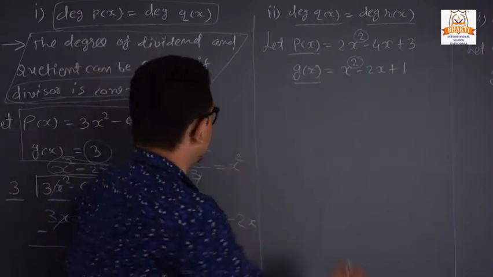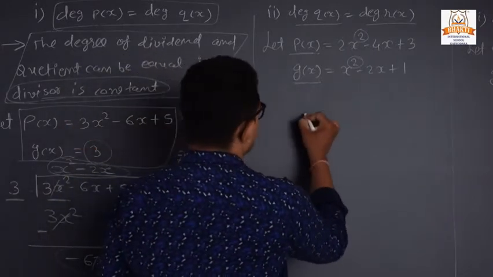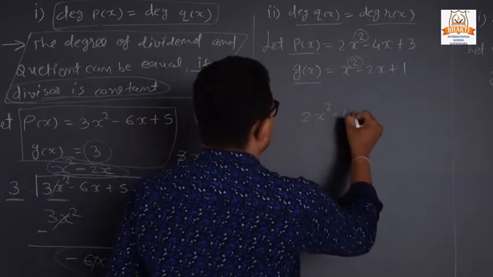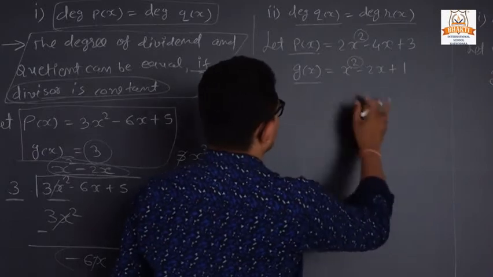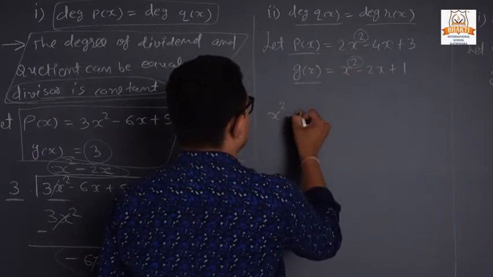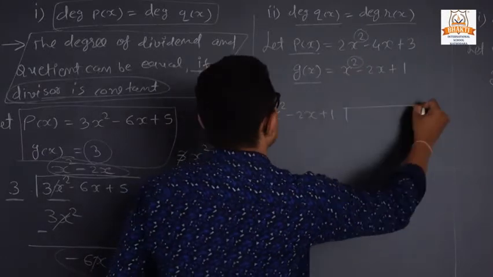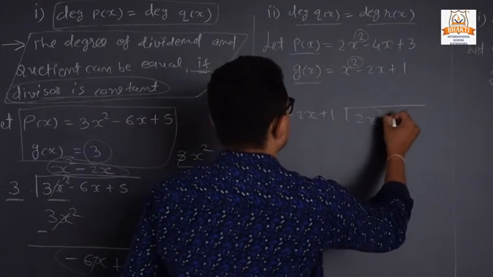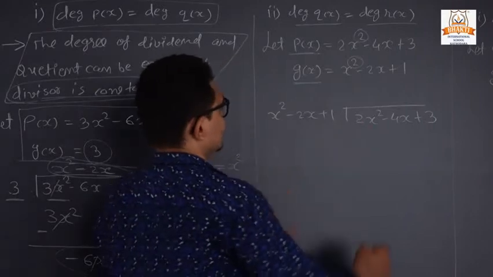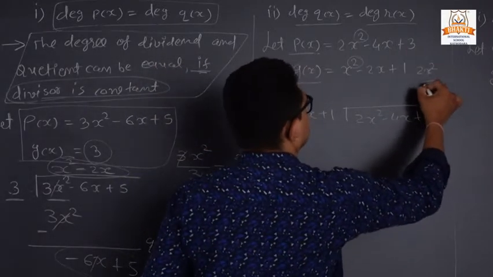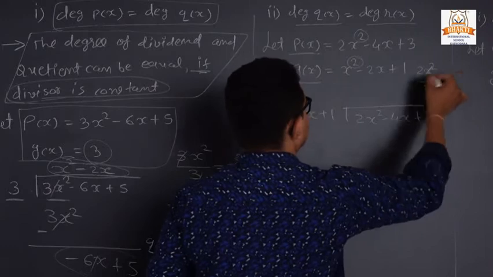Clear? So let's check. Here we can write 2x square minus 4x plus 3 divided by x square minus 2x plus 1. First, the term 2x square is divided by x square, so x square cuts and we have a 2.